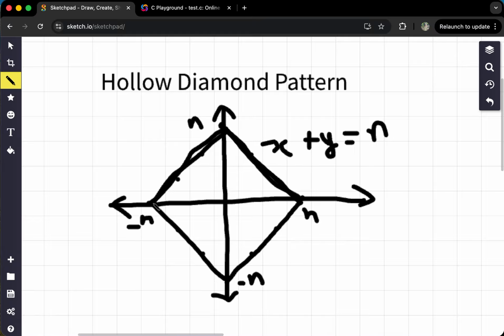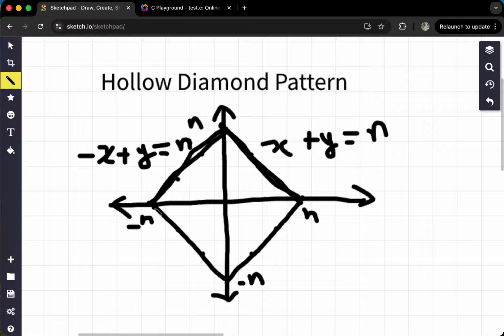Only difference is here x coordinates are negative. So we can say the equation for this line would be minus x plus y equal to n. Since only the x coordinates are negative, we can write minus x plus y equal to n. So this is the equation for this second line.